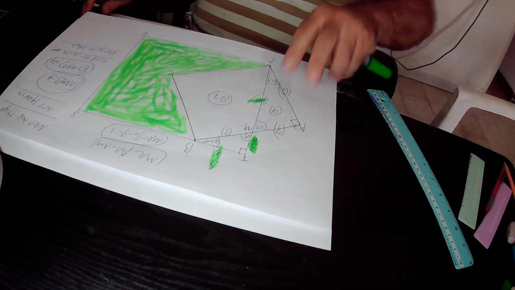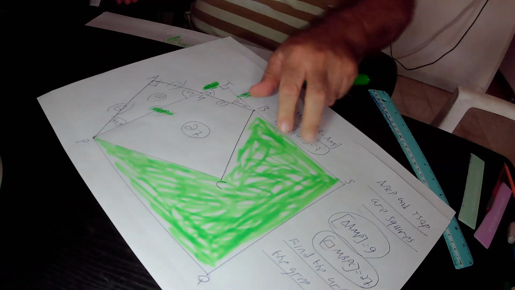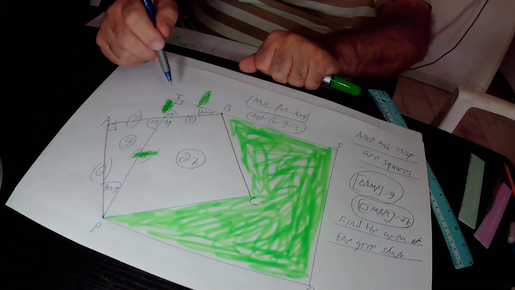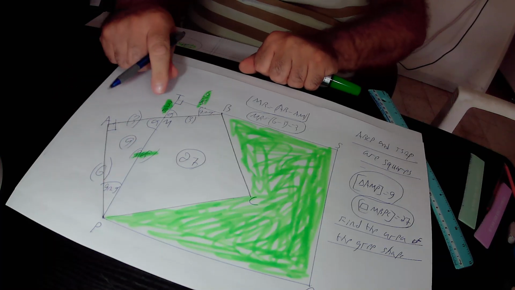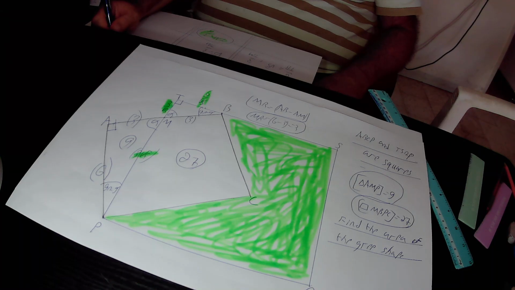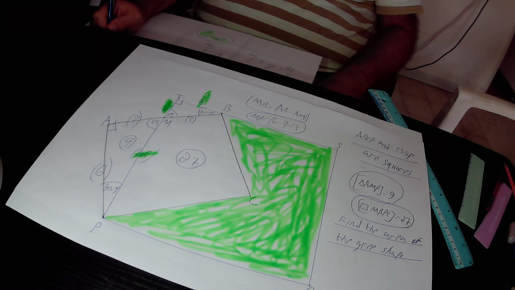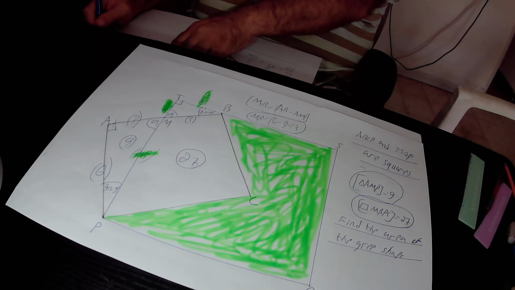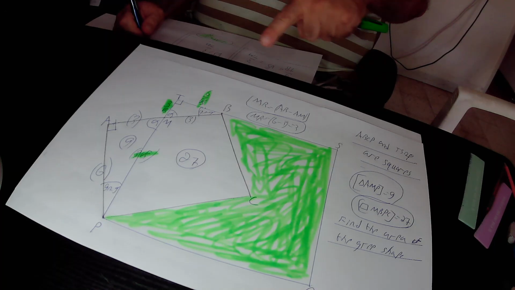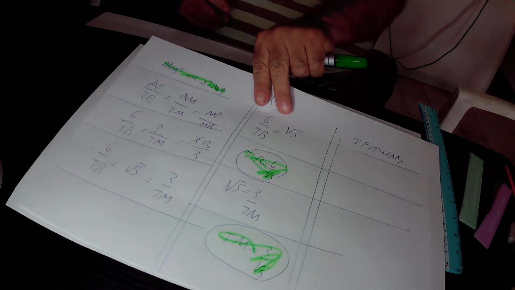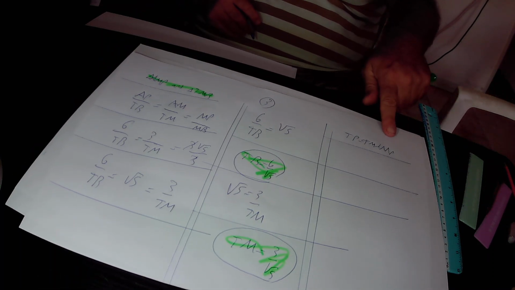In the next step, we find the length of side TP of the big square TSQP. TP in total equals TM plus MP.